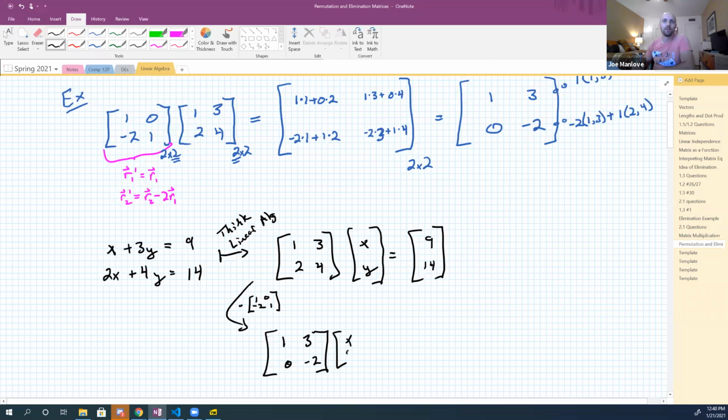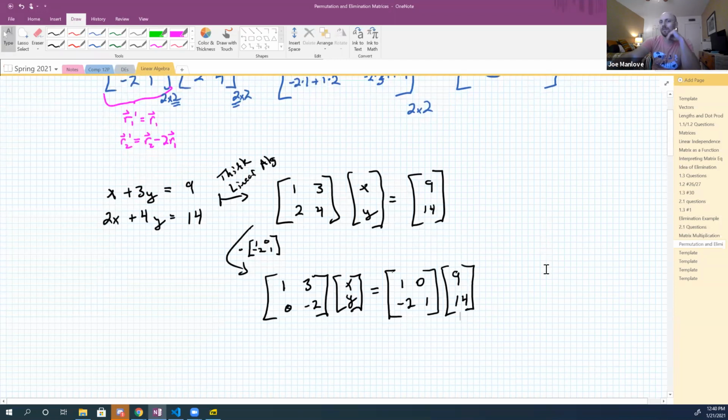That's still multiplied by x, y. And on the other side, that's going to equal 1, 0, -2, 1 times 9, 14. You guys see this?